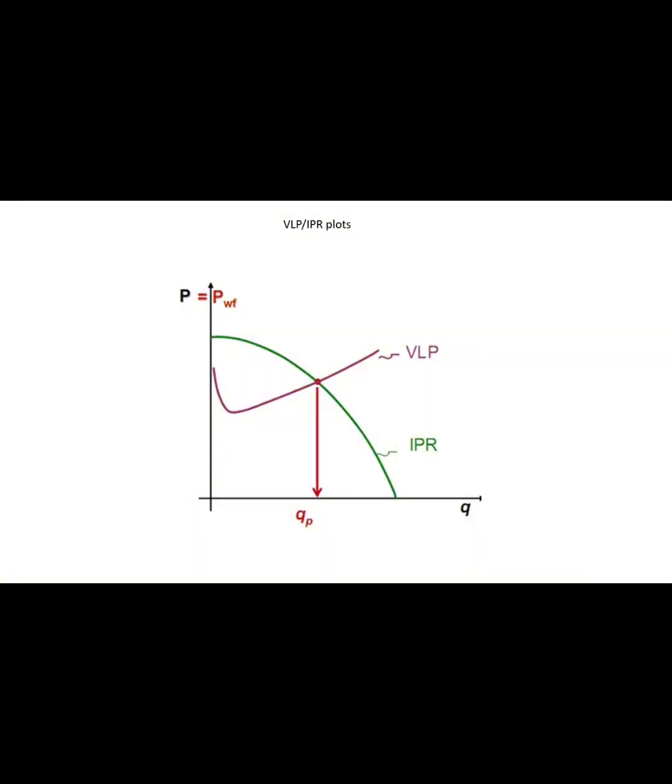IPR accounts for the relationship between the reservoir and the perforation, while VLP accounts for pressure drops that happen as the fluid or the crude moves from the tubing to the surface. So typically the key thing to know is that what the engineers look for here is what we call the OC, operating condition, and this is where the VLP and IPR plots intersect.